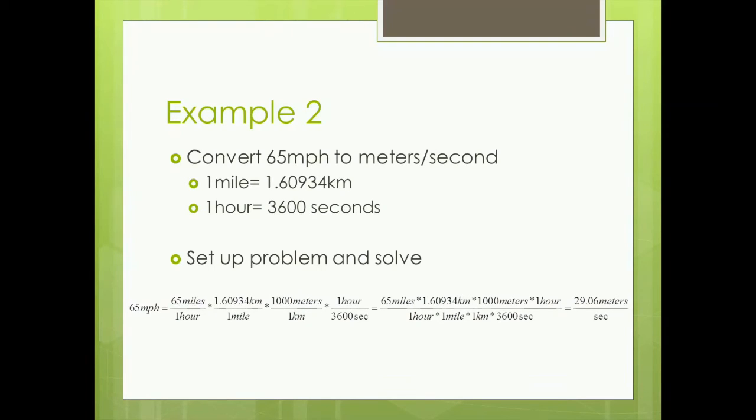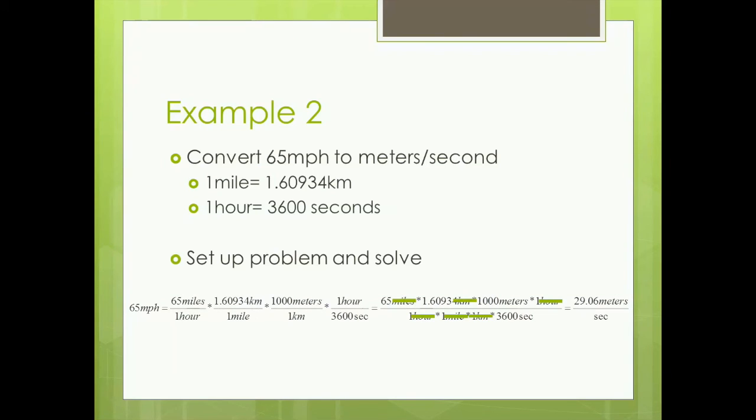Finally, we multiply by the last conversion factor, 1 hour equals 3,600 seconds. We're left with a numerator of 65 times 1.60934 times 1,000 times 1, and a denominator of 1 times 1 times 1 times 3,600. Dividing the numerator by the denominator, we arrive at our answer of 29.06 meters per second.